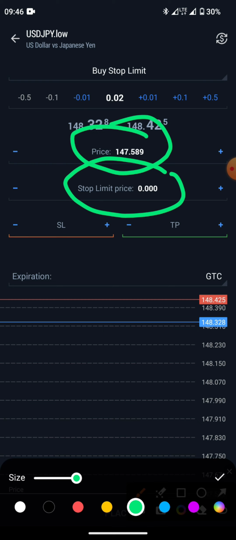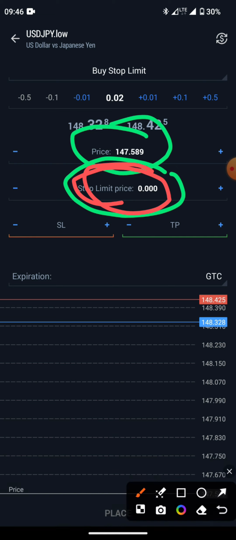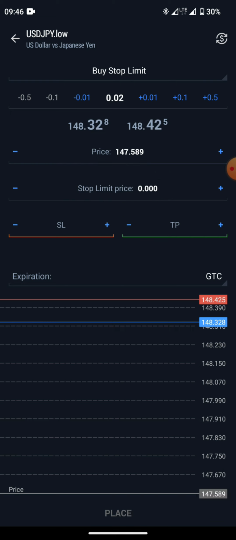Sorry, I should use a different color. You are going to activate this stop limit order. So the buy stop limit price itself is not where you are losing money or making money when that price is hit. When that price is hit, this particular price here is going to be activated.